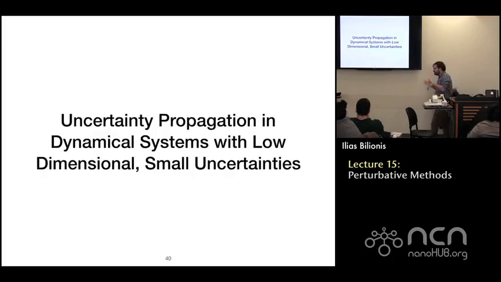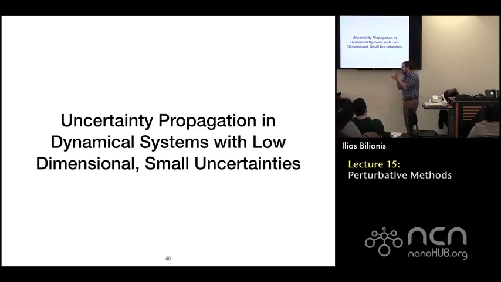Okay, and now let's go to dynamical systems. And now it will be a huge leap, right? We went from scalar functions to multi-output functions. Now I'm going to go to dynamical systems. And you see, for scalars, I approximated the probability density of your quantity of interest with a Gaussian.